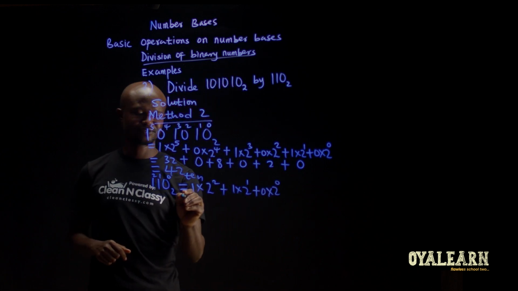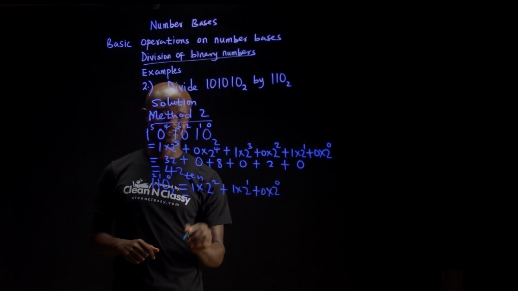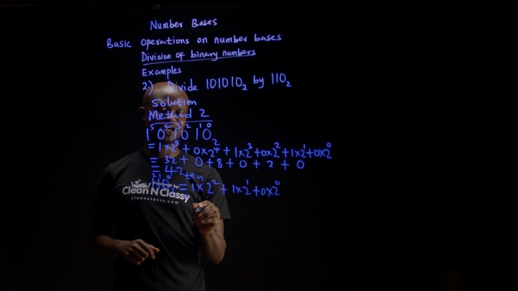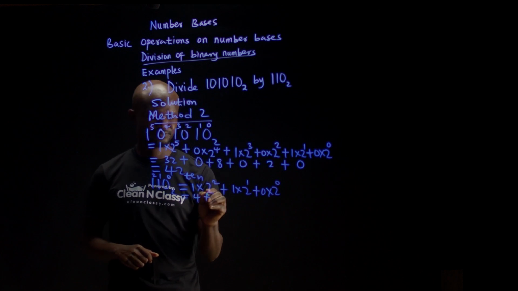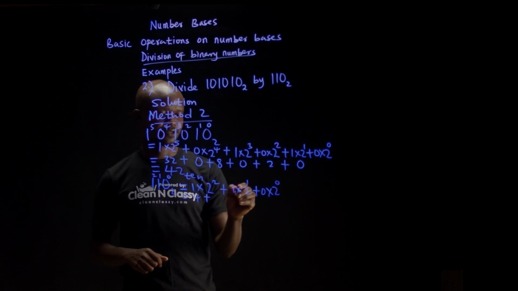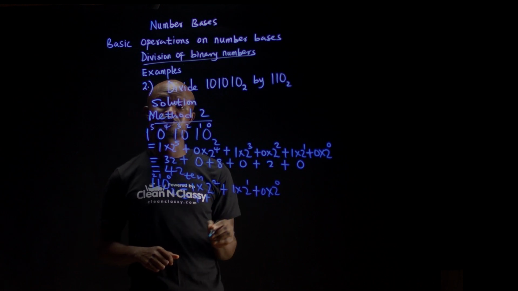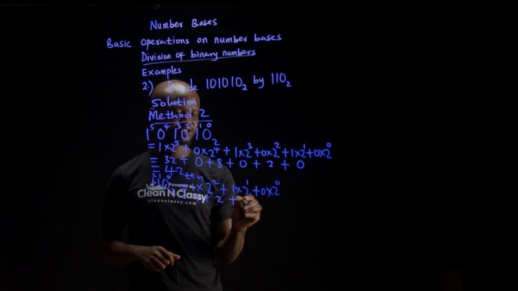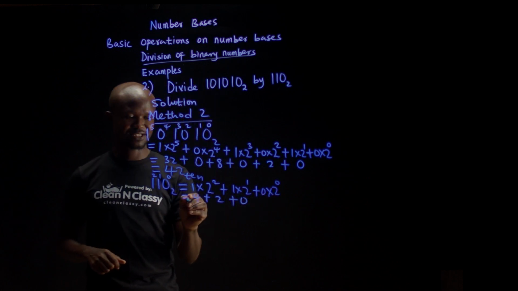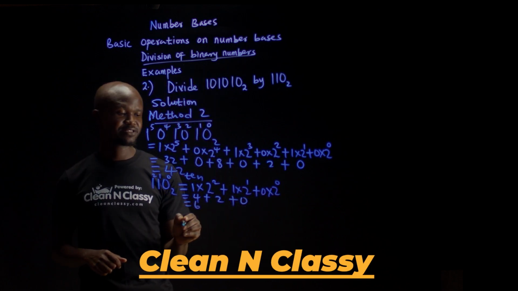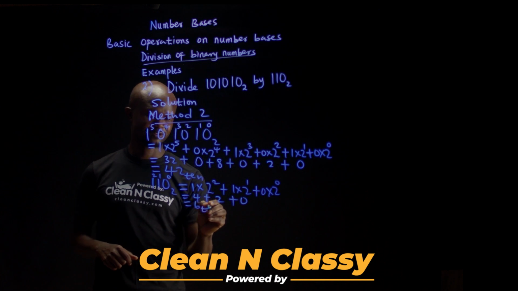This is 2 raised to the power 2, that's 4. 4 times 1, 4. Plus, now we have 1 times 2, that is 2. Plus, anything times 0, that's 0. So this is 6 base 10.